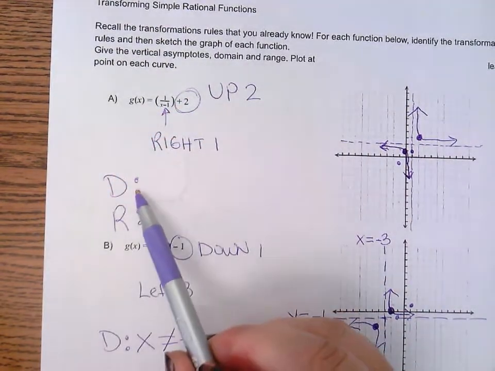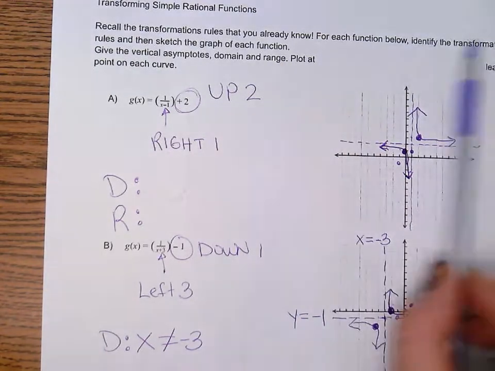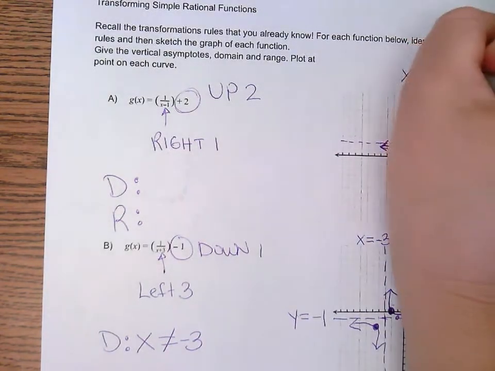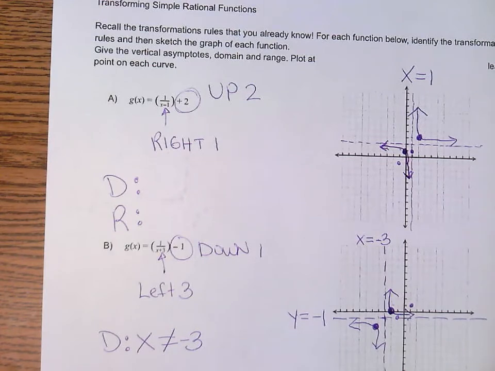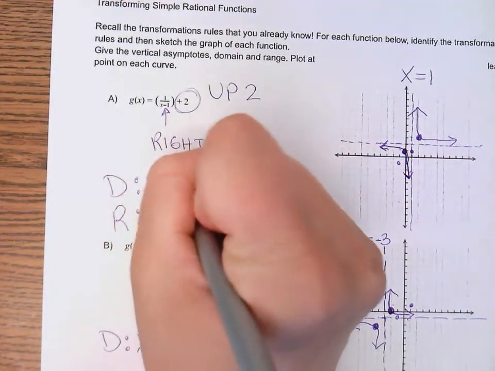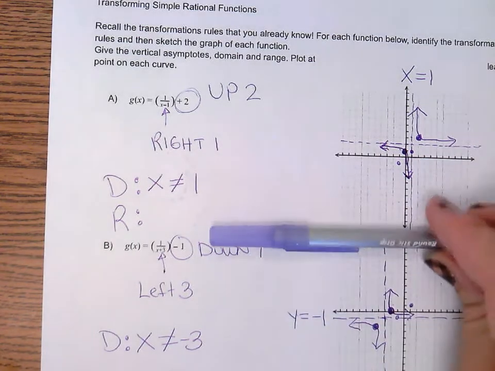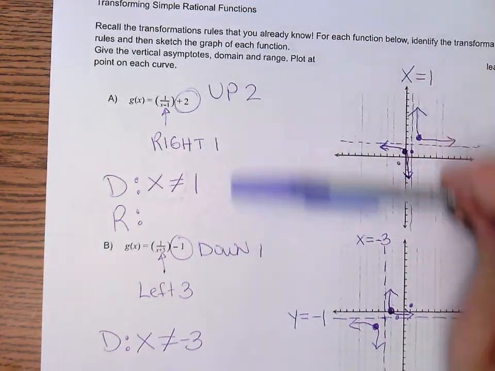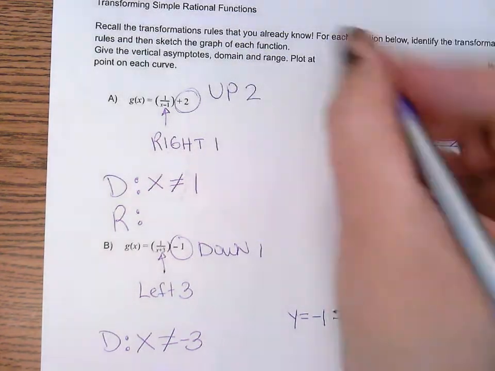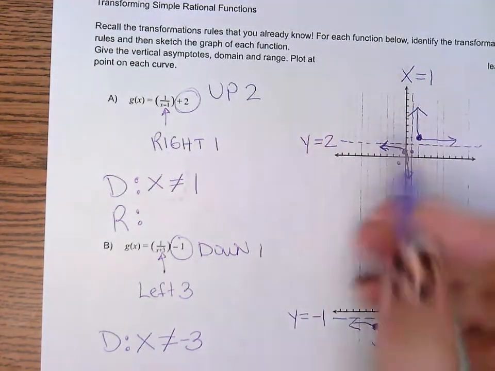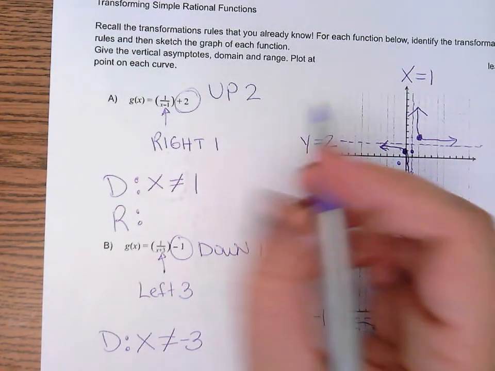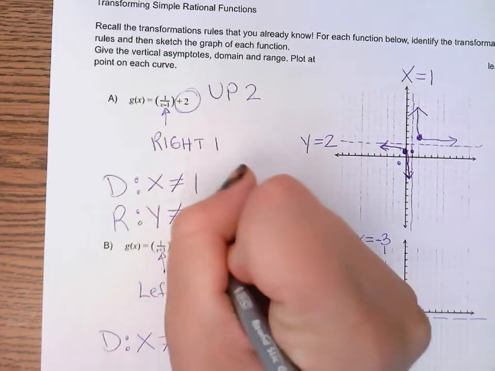So my domain, x can be every value except my vertical asymptote. My vertical asymptote was at x equals 1. So my domain is x does not equal 1. My range is all of my y values except my asymptote, which was at y equals 2. So my range is y does not equal 2.